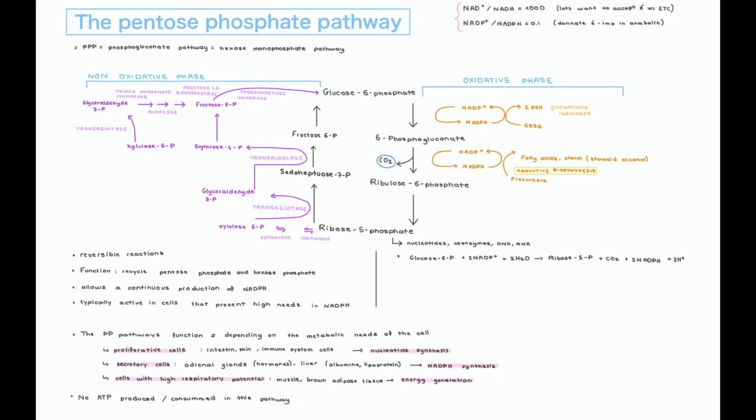Now, what's going to happen to it? Well, glucose 6-phosphate is going to be oxidized into 6-phosphogluconate. And how do we know it's going to be oxidized? Well, because as you can see on the right of it, the orange reaction, NADP+ is going to be reduced to NADPH.